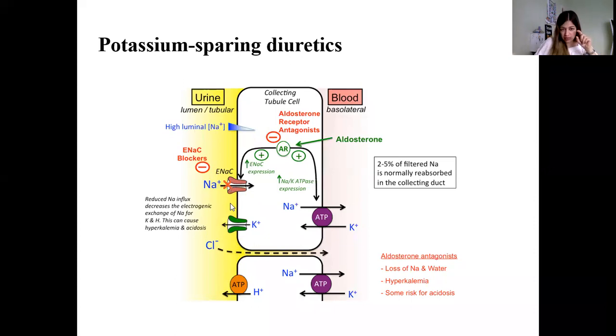When we block this by different mechanisms, this also will automatically be blocked, because it works only because of the plus-minus voltage. So blocking of this automatically blocks this. You don't even need any special drugs to work on this exchanger, because it will automatically block when you block this one.